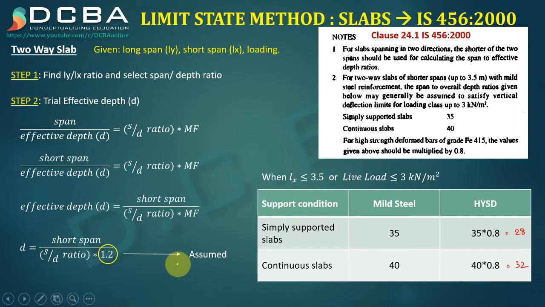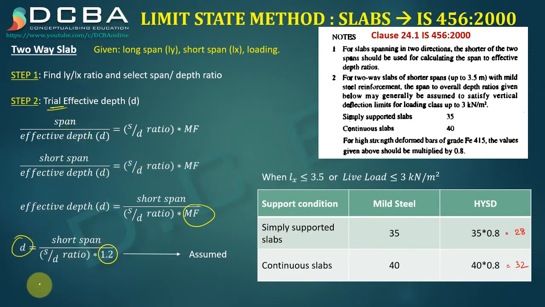I am assuming the modification factor because in the start we have to assume one, and therefore this depth is called the trial effective depth, because we are not sure about this modification factor value. Later on, as we progress in the numerical, we will verify whether the modification factor that we used in step 2 is okay or not. Fine, so here we get our effective depth.